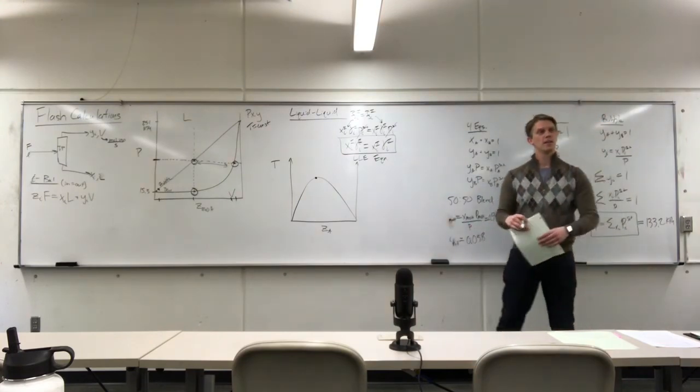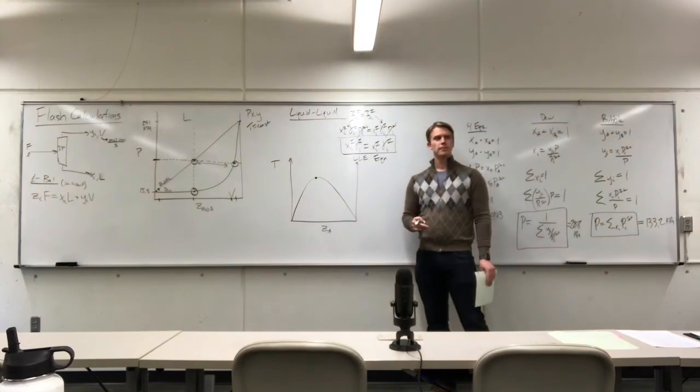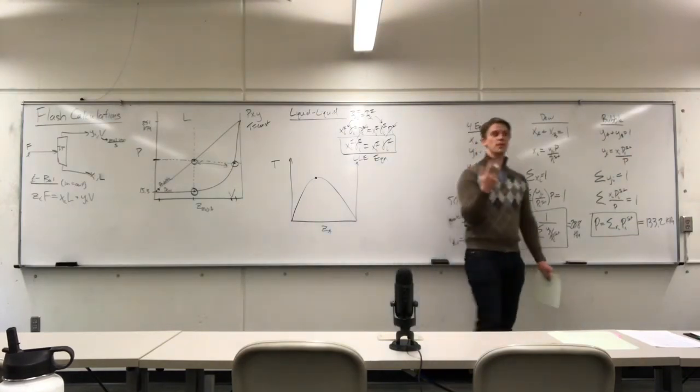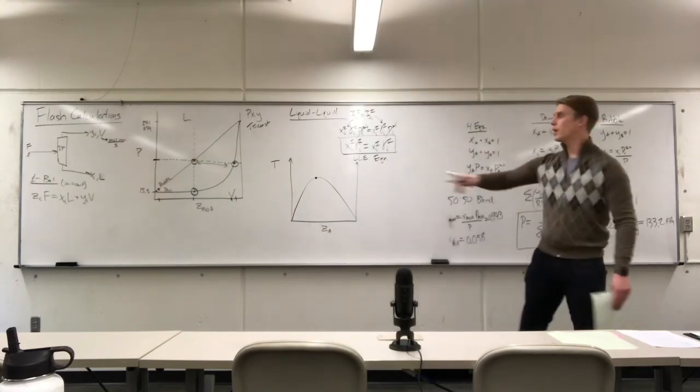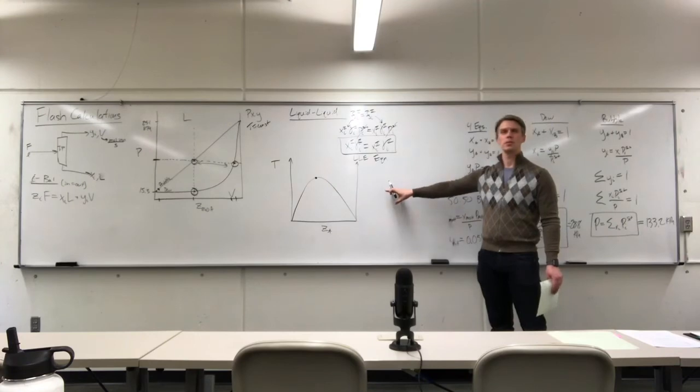Maybe one is two liquids mixed, one is two liquids separate. So one's got to be a single phase and one's got to be two phase. Only one of these two makes any sense whatsoever to be the two-phase region. Which one is that? The bottom one? Now, why is the bottom one the only one that makes sense?